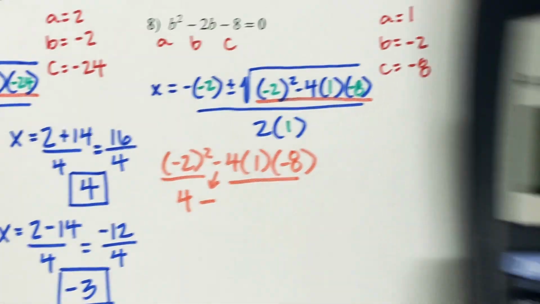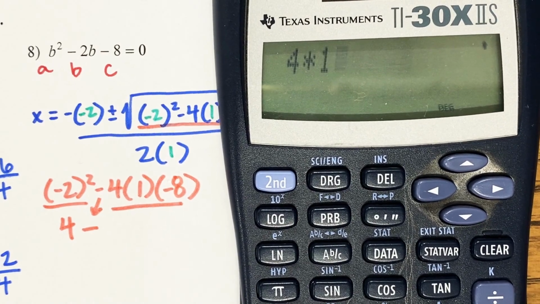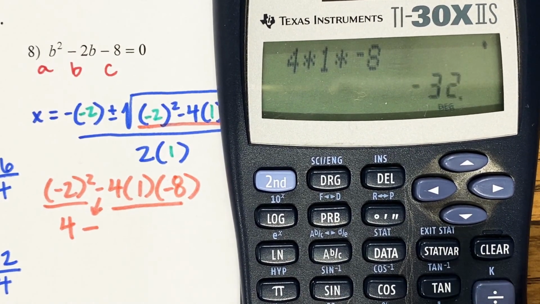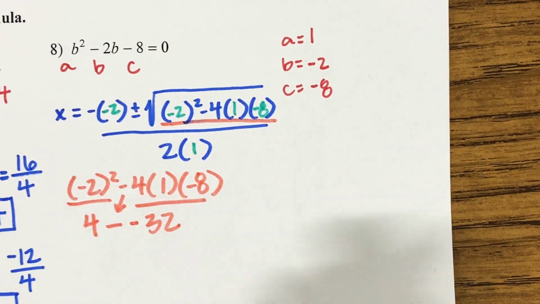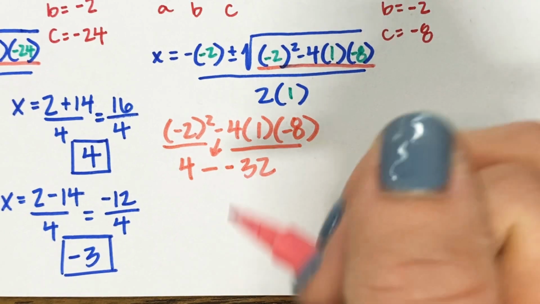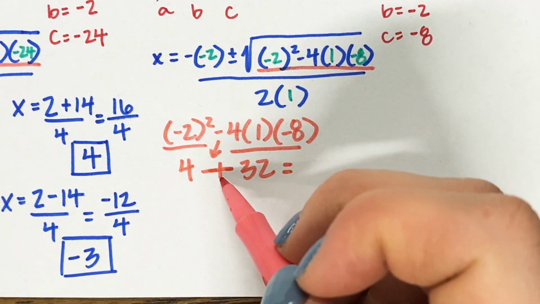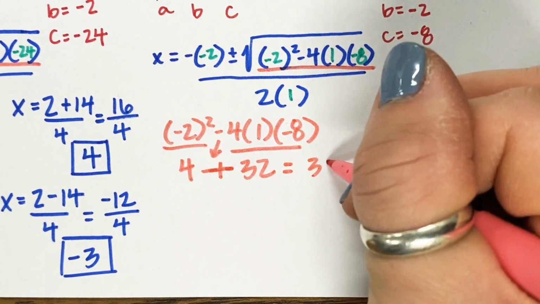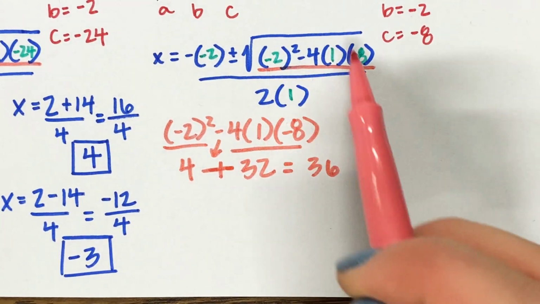My next piece is 4 times 1 times negative 8, which gives me a negative 32. What happens when I have a double negative? It turns into a positive, which now we know 4 plus 32 is 36. So we can fill in this 36 where that whole discriminant was.